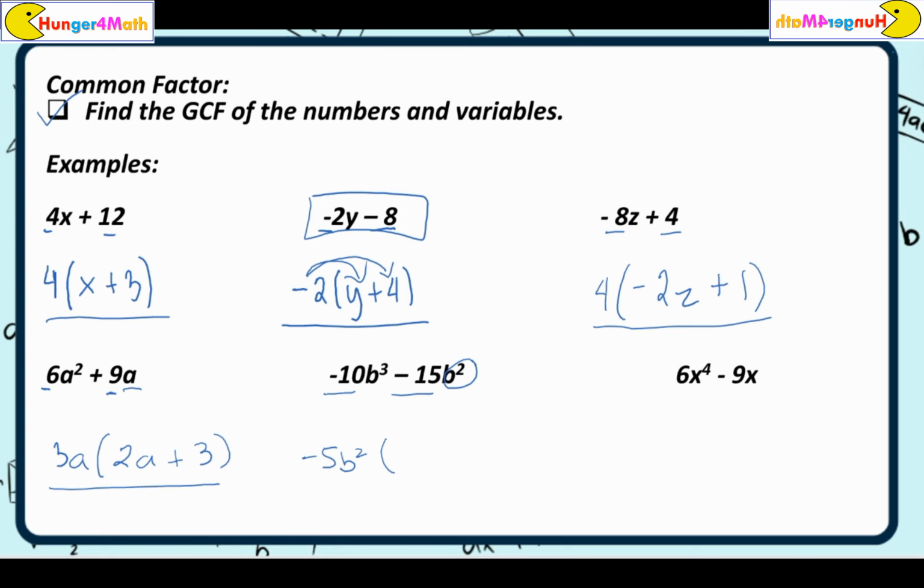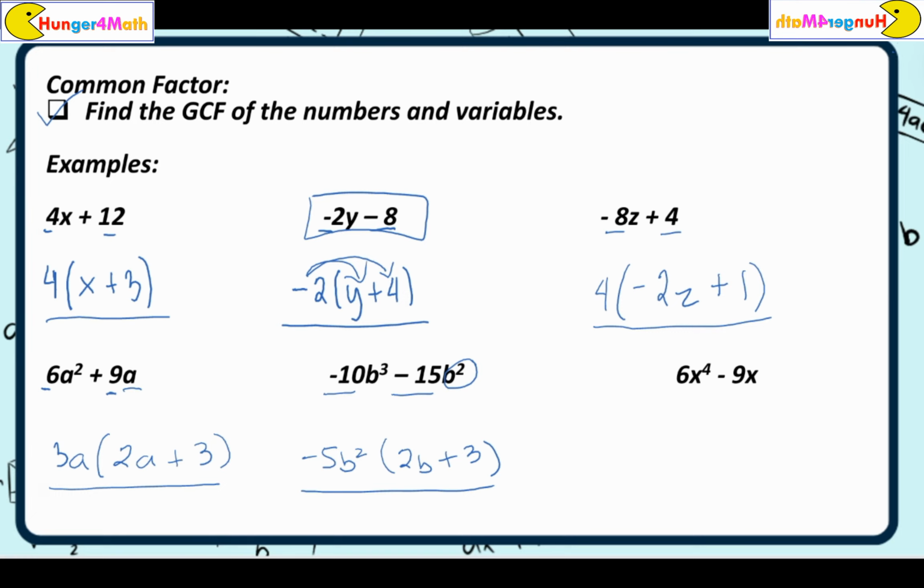Negative 10 divided by negative 5 is positive 2. Then b cubed divided by b squared is b. You just have to subtract the powers. Now negative 15 divided by negative 5 is positive 3, and b squared divided by b squared is just 1. So this is our answer.